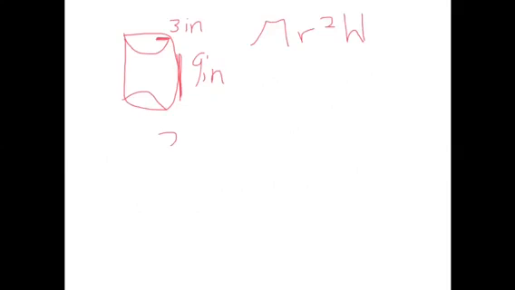And pi equals 3.14, so you put 3.14 times radius squared, 3 to the second is 9. We multiply this out first, and we get 28.26. And now we gotta complete this problem by multiplying by the height.